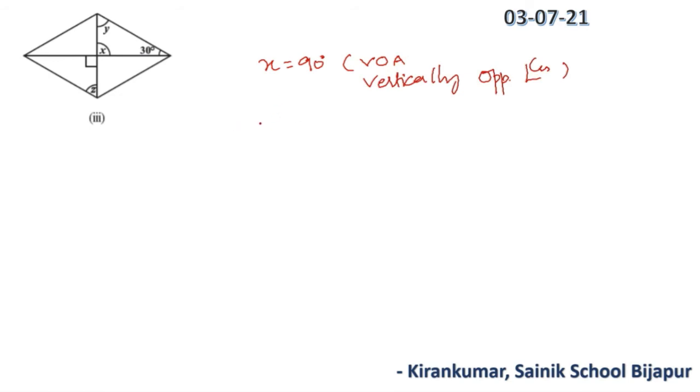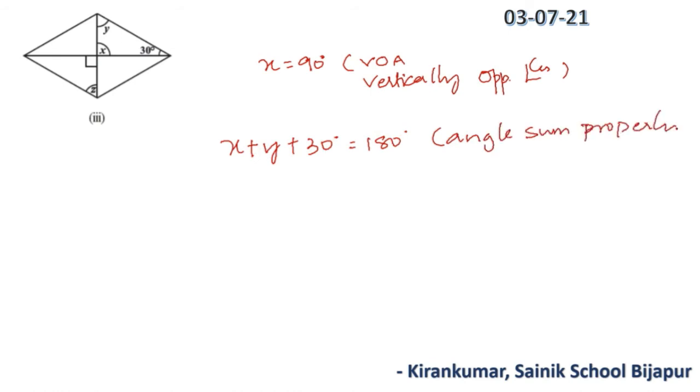Now I want you to observe there's a small triangle. In the triangle, the sum of interior angles is 180 degrees. It's called the angle sum property of triangle. I am taking this triangle which is shaded here.